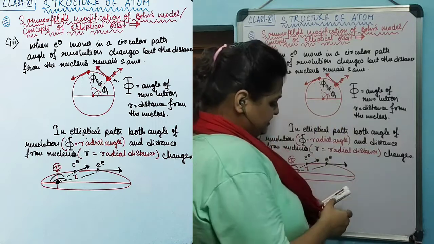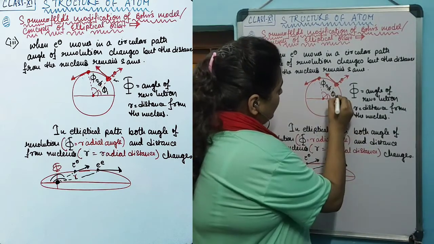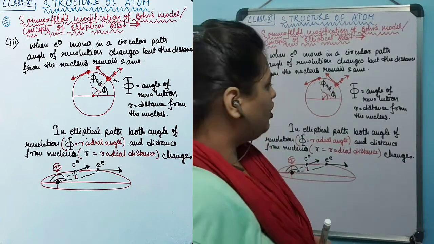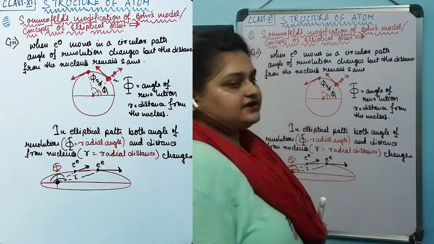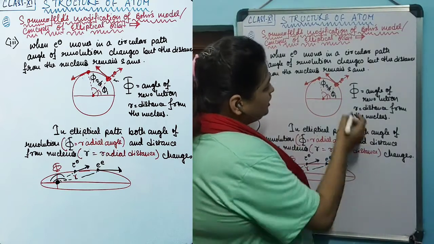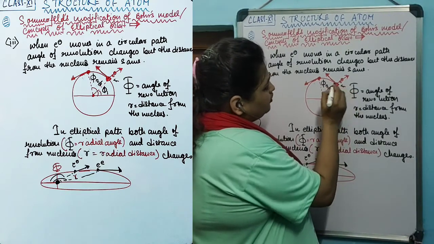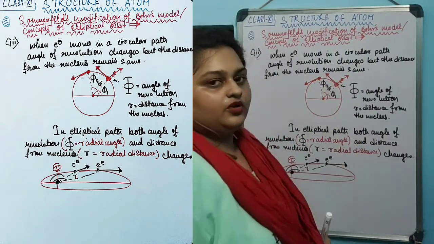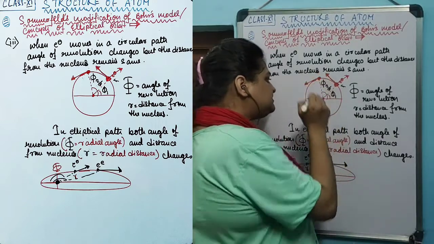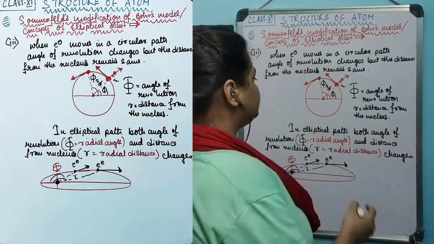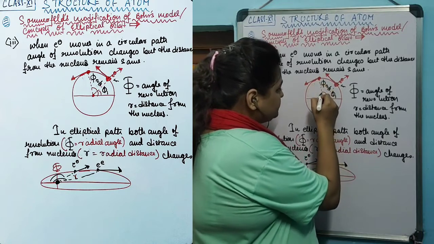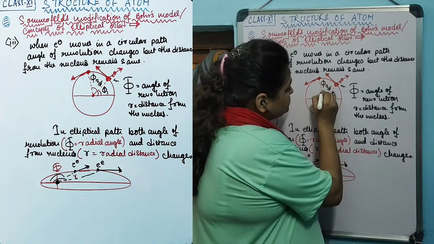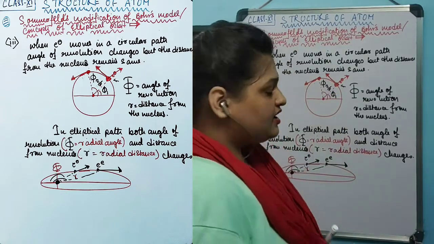And this phi 1 represents the angle of revolution, that is the radial angle. Now the electron moves from this side and after some time reaches this point. At this instant, the distance from the nucleus is represented by this dotted line, and the angle of revolution is now represented by phi 2.